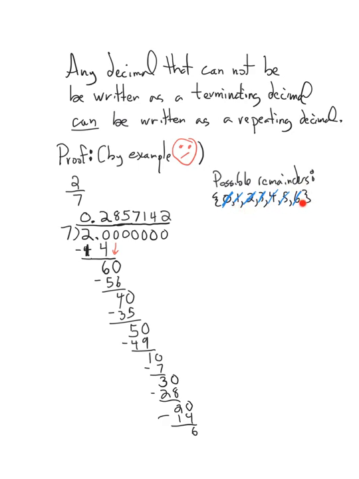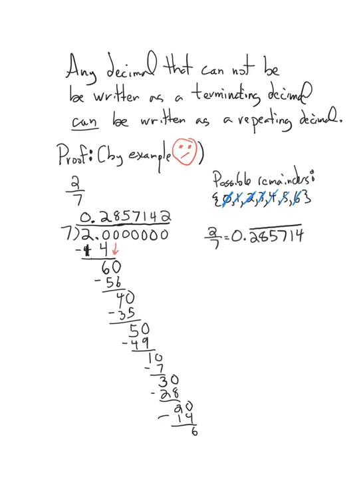So I can write 2 over 7 as 0.285714, and then it's going to start repeating.